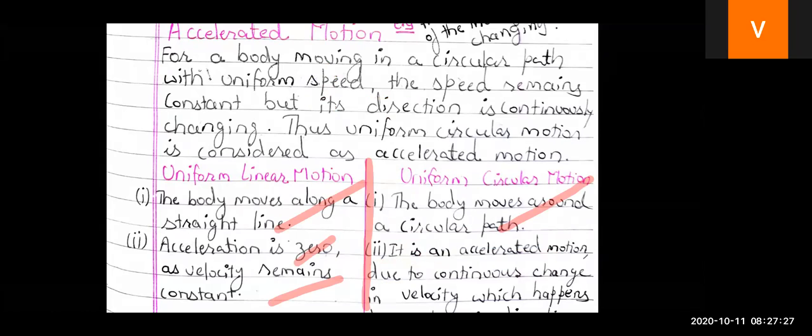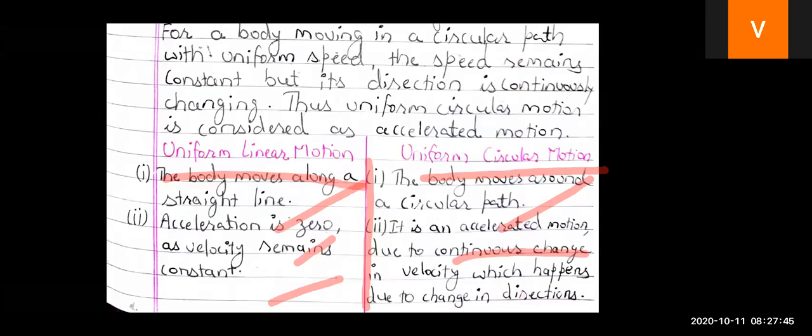So acceleration is 0 for uniform linear motion. But uniform circular motion is an accelerated motion, because at each and every point of its motion the direction is changing, and as there is change in direction, its velocity is changing.